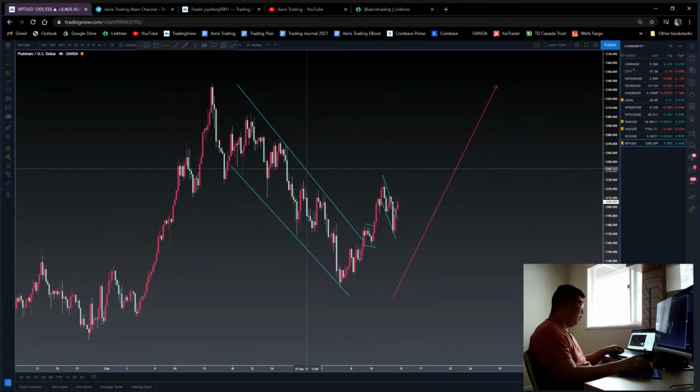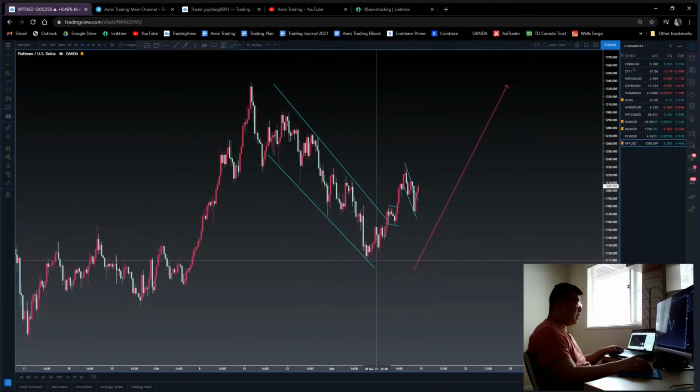But what I'm looking for is the next impulsive move, as I always say. I never want to enter the price when it's in a corrective stage, because this is what people lose money on. People buy here, buy here, buy here. Price is just moving sideways, it's consolidating, and you're getting eaten by the correction before the next bullish move up. So I'm entering based on the confirmation.